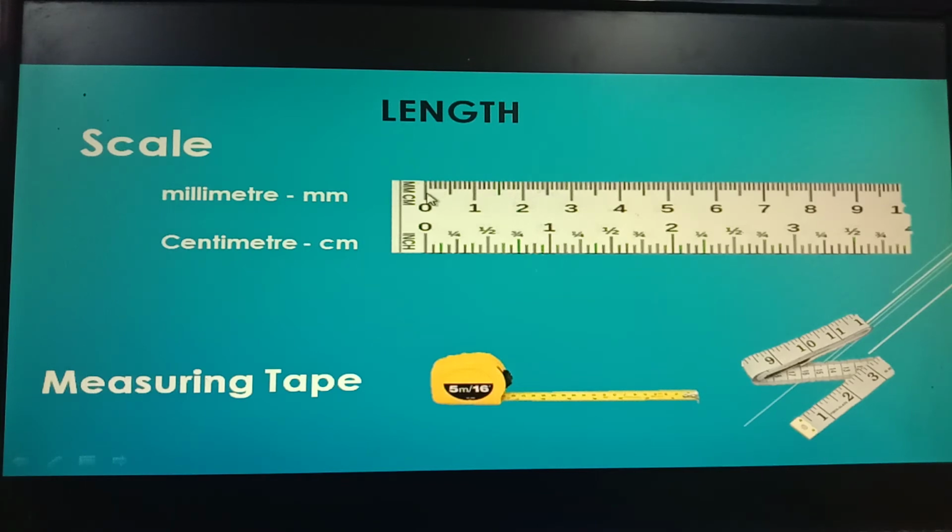After the big line where 0 lies, we will count 1 2 3 4 5. Between this 0 to this 5 line small lines are there, these lines are called millimeters.